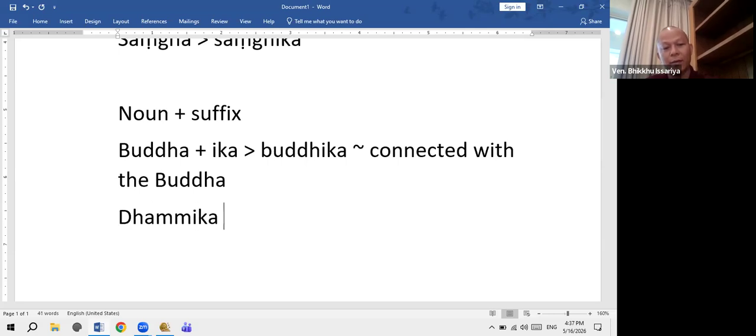So Dhammika. What does it mean, Dhammika? The same as Bodhika? Okay, connected with or connected to is okay, no problem. So connected with the Dhamma.